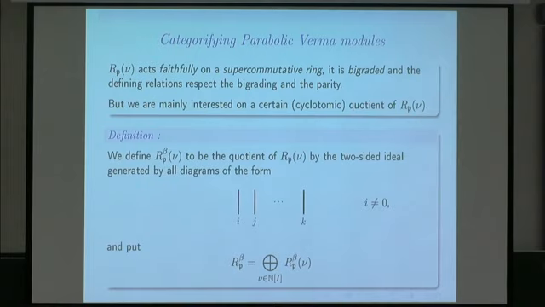First thing, we have a representation of this algebra on a supercommutative ring, a polynomial ring tensored with an exterior algebra. The action is faithful. Moreover, the algebra is bigraded. I can say something about the grading. In some sense you already know the parities.